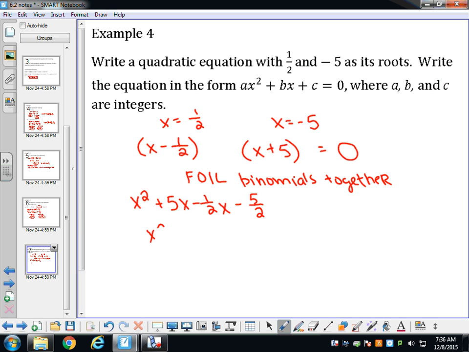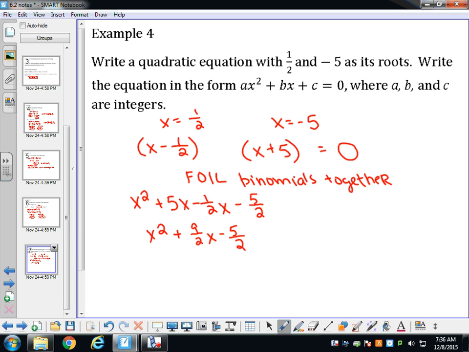So then I get x squared plus 4.5, which is 9/2, x minus 5/2. Now the problem says I want all of those a, b, and c to be integers.